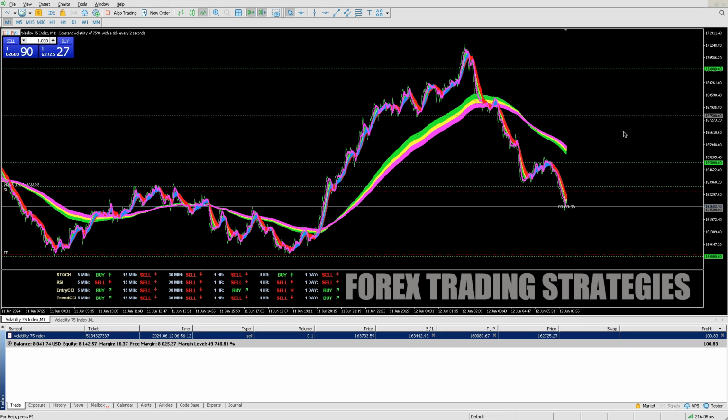I do sometimes, when the conditions are favorable, take my trades from the middle lines, but I usually just try to avoid them. And also when these lines are thinning out like so, just stay away. I want open gaps between my rainbow lines like that, then I can enter my trades.